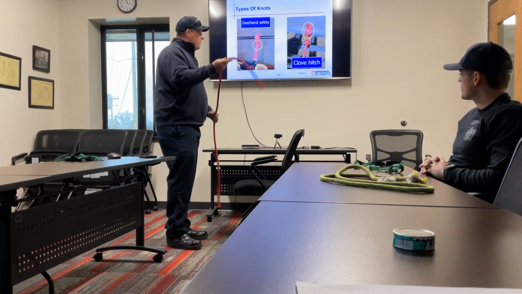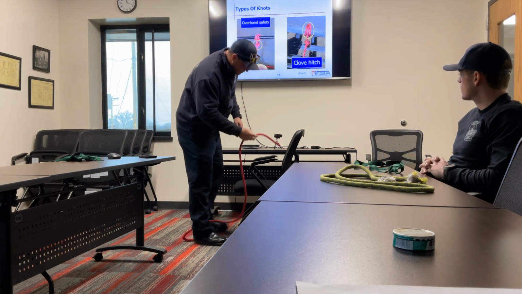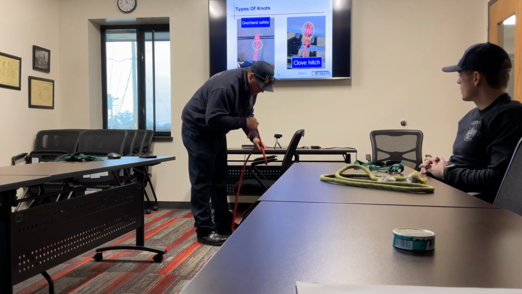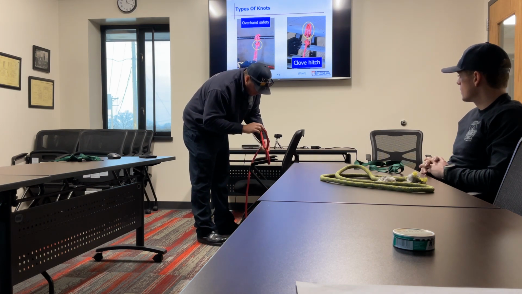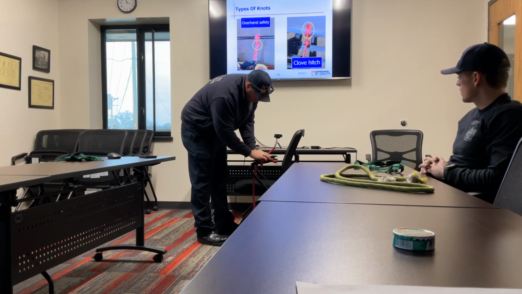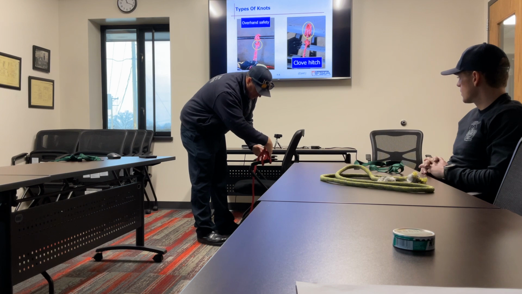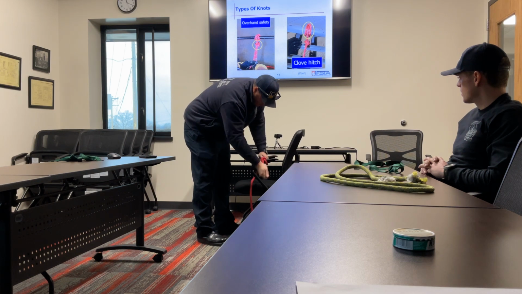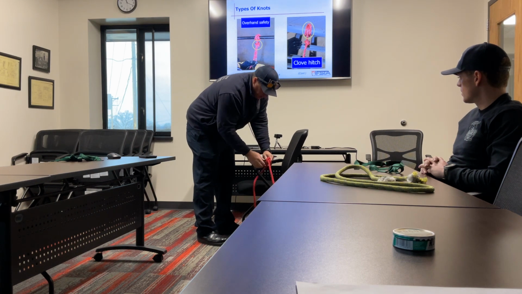The way to tie a clove hitch is to bring it around an object. You go around, form a loop, and then you're going to cross, come back over, and then you're going to have an X at your top. And then you want to bring your working end through underneath and snug it down.